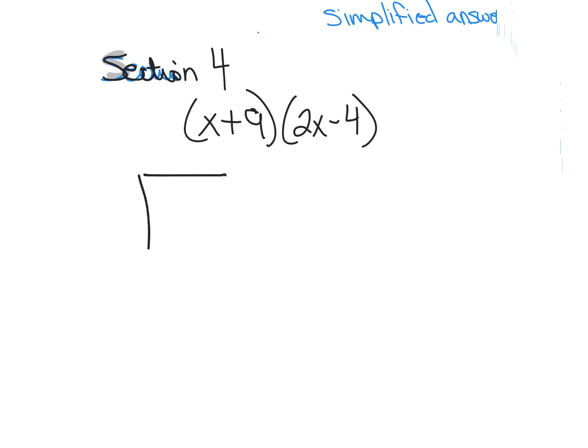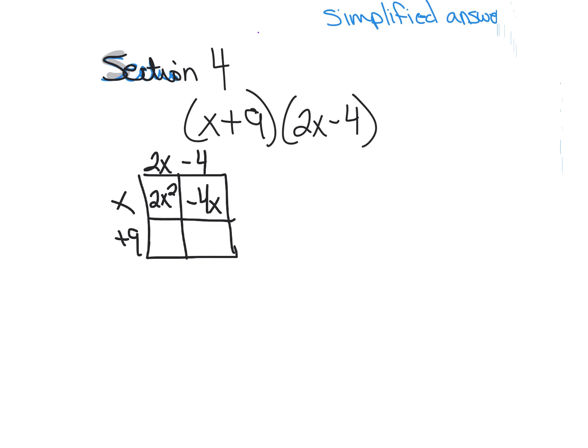So I can make a 2 by 2 box and put my numbers around it. So I get 2x squared minus 4x plus 18x minus 36.